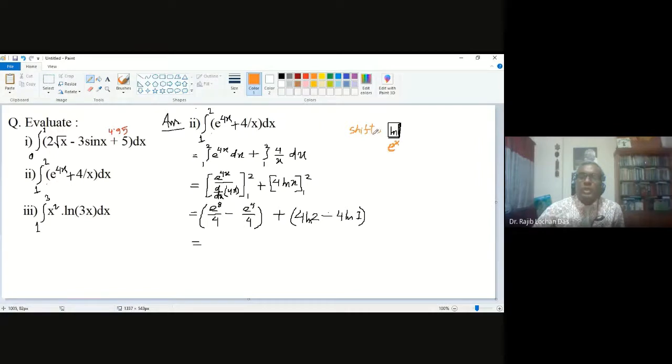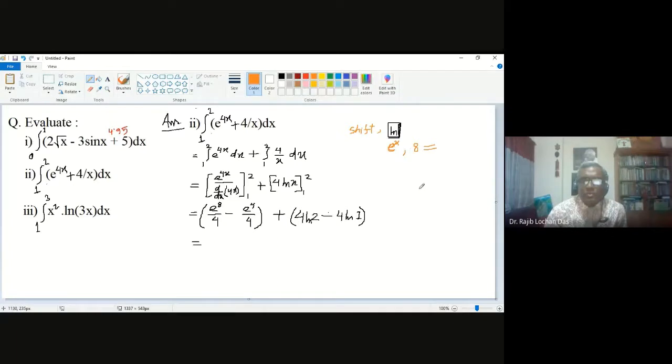When you put 8, the calculator understands it is e to the power 8, because you are giving the x value as 8. So the answer will come. You calculate and find out the answer.